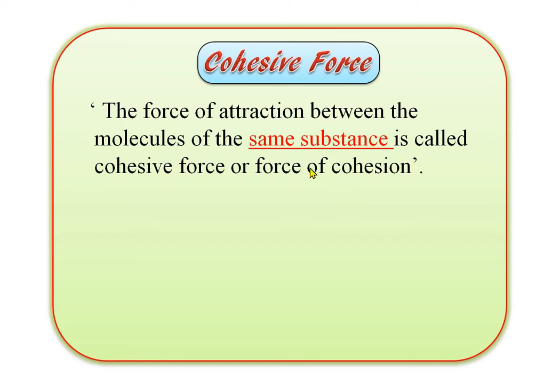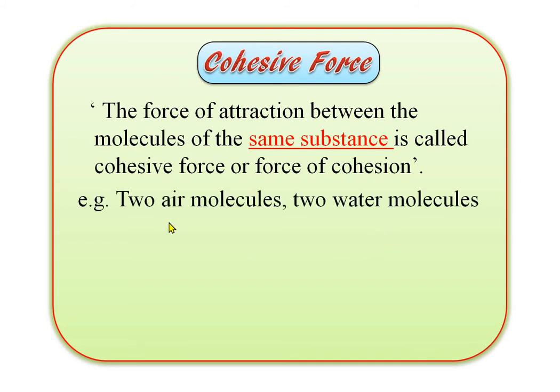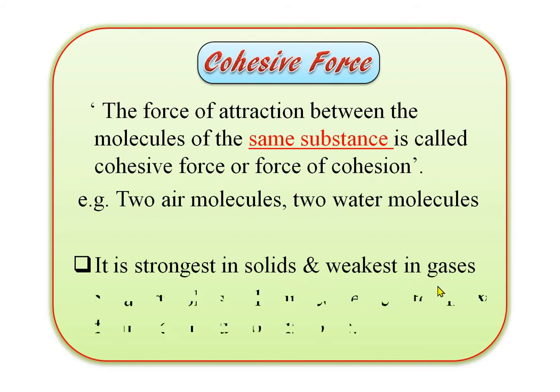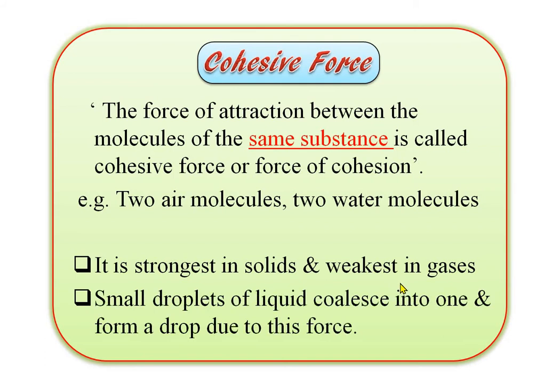Examples are two air molecules, two water molecules, or two wood molecules. In short, it is strongest in solids and weakest in gases. Small droplets of liquids coalesce into one and form a single drop due to this cohesive force. Let's see the next type of intermolecular force.